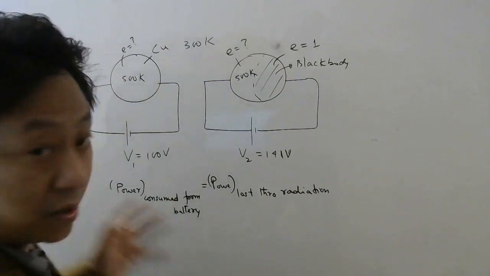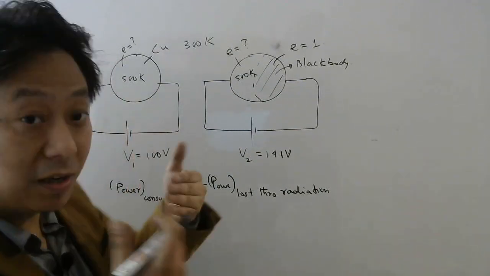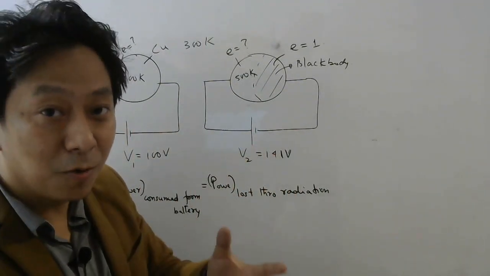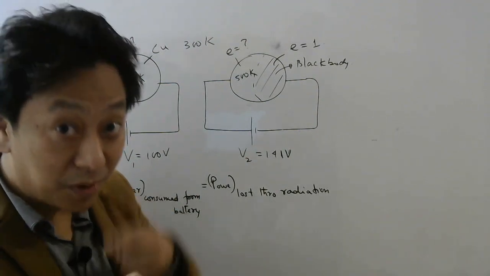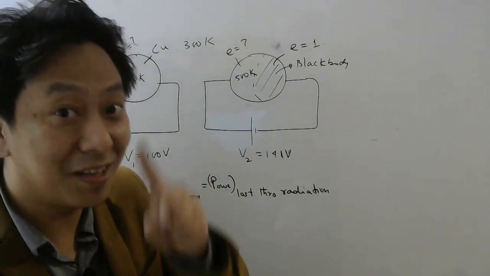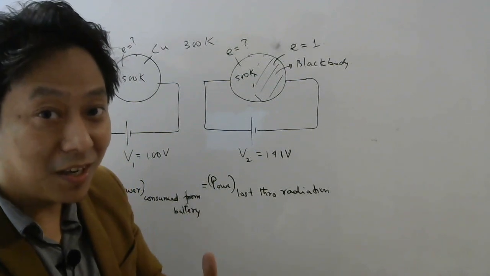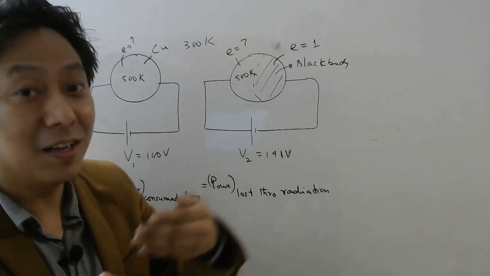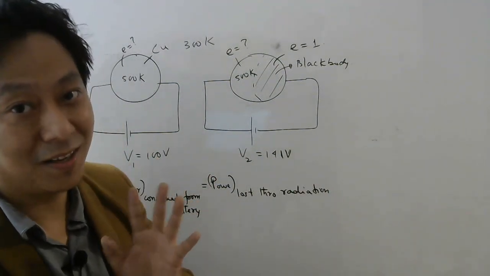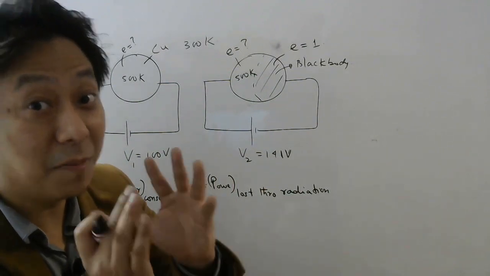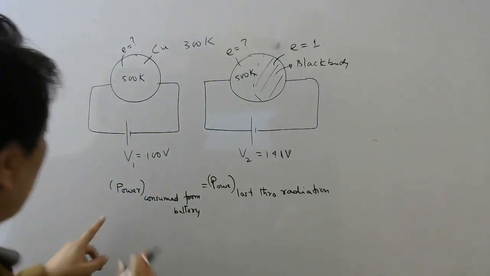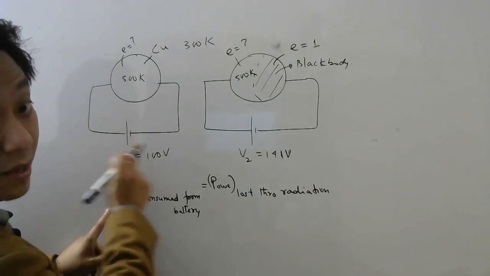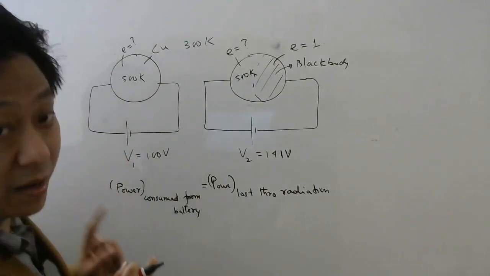So whatever energy it consumes per second, remember power is energy per second, if the body loses the same per second, then the temperature of the body will be maintained, right?